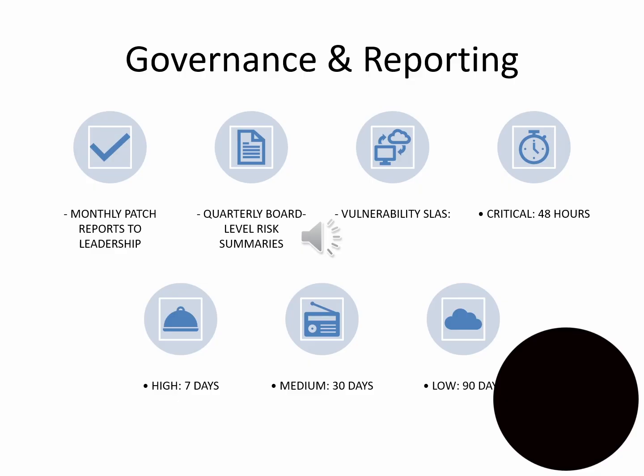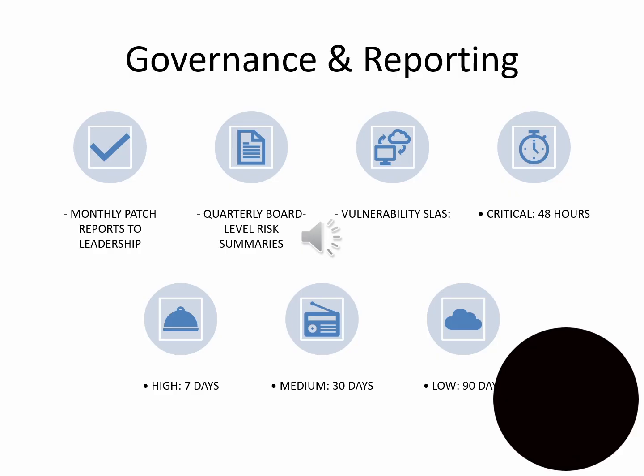With governance and reporting, we are talking about standards and chain of command, in my opinion. When I talk about standards, what I mean is our mode of operation, service level agreements, and the course of action to take in case something happens.